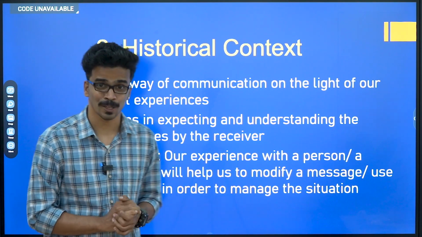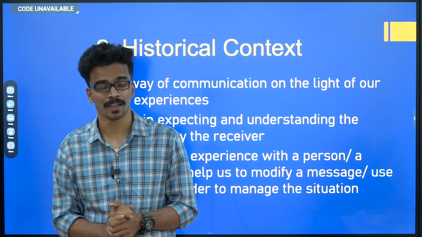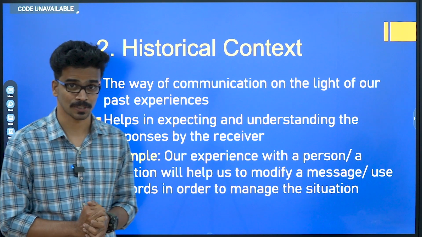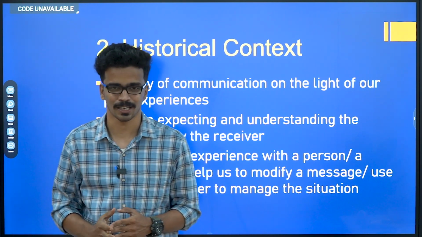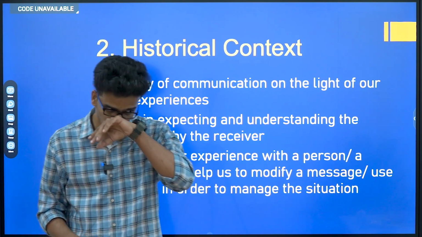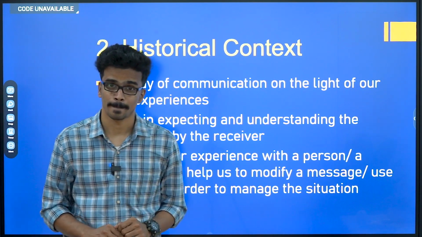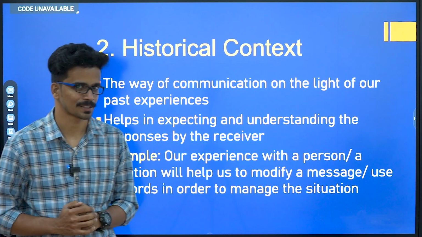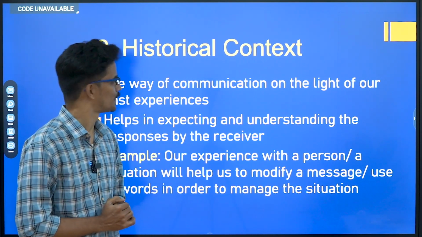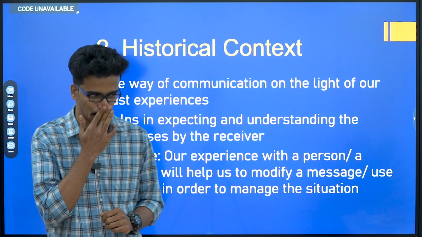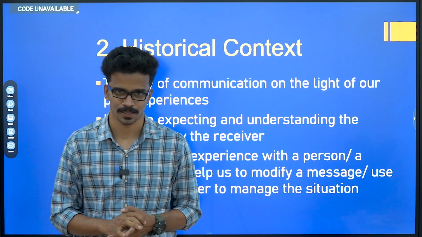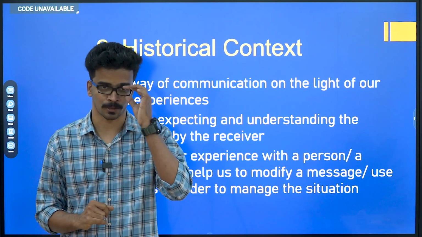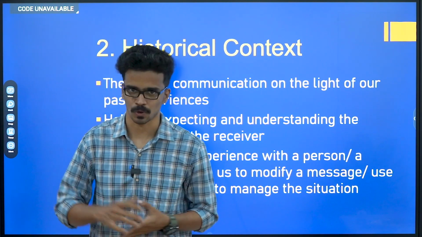If we are aware of the historical context or if we have previous experiences with the person, we have certain expectations of how this person might react to us if they hear a particular thing. So this is what historical context is all about. Our previous experiences help us modify a piece of information or deal with a communication process.